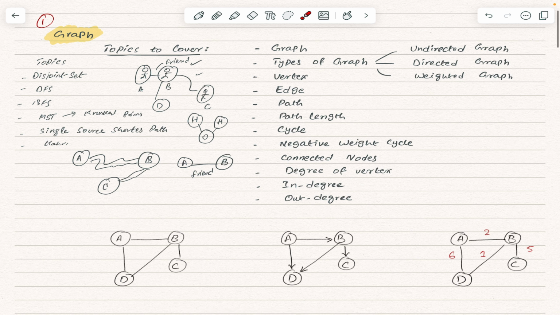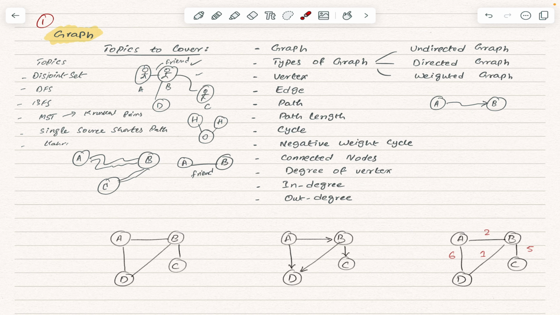The next type is directed graph. In that case, let's suppose this is a city A and there is only one road which goes to city B, so you can't go from B to A, you can just go straight from A to B. In that case, it is unidirectional.